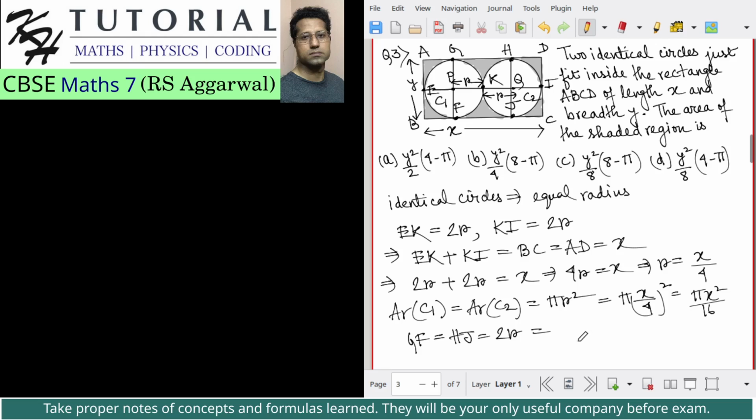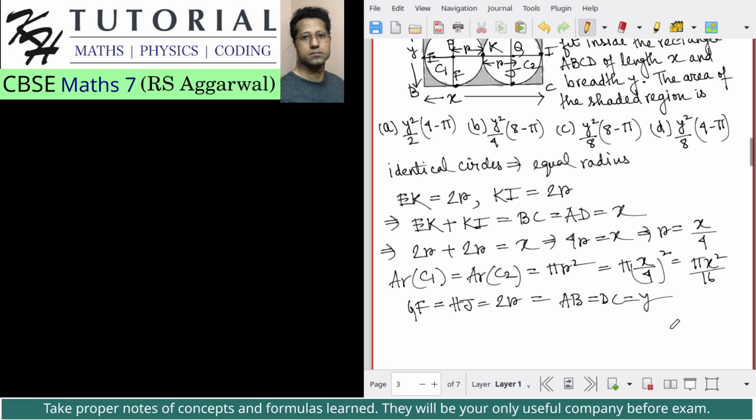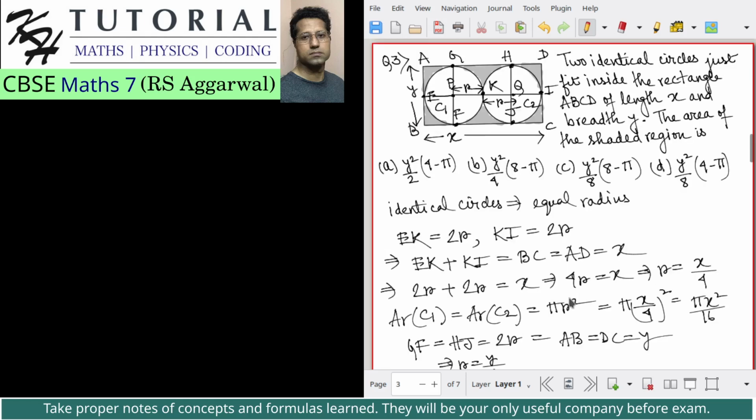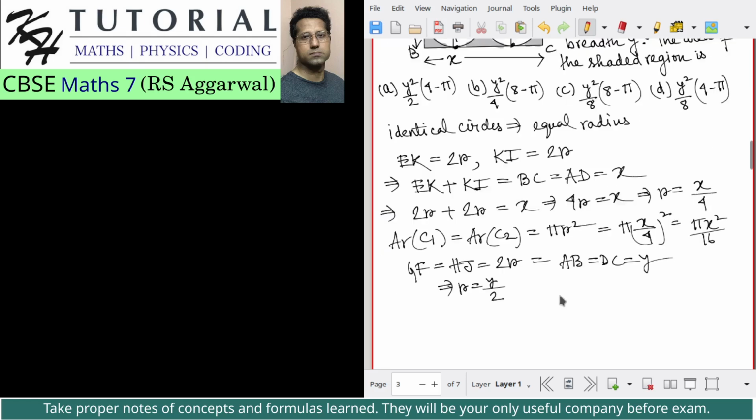Please note that GF and HJ are also equal to the breadth of the rectangle, that is AB or DC, which is equal to y. So twice R is equal to y, which implies that R is equal to y by 2. So we got R, the radius of the circle, in terms of the breadth y.